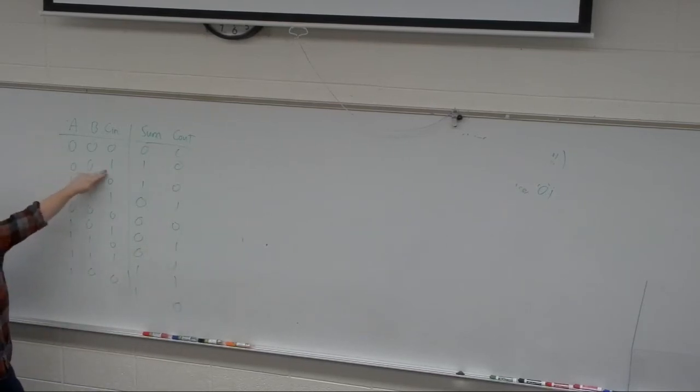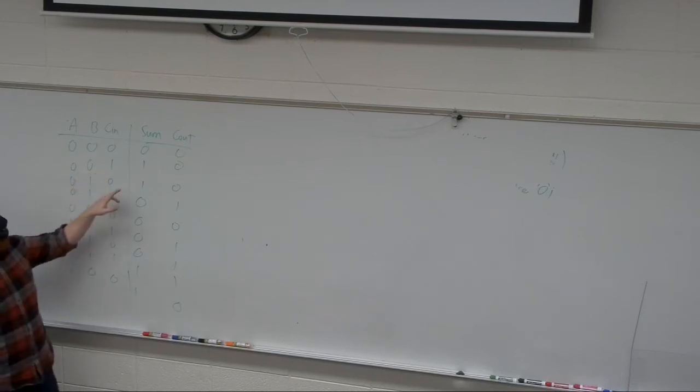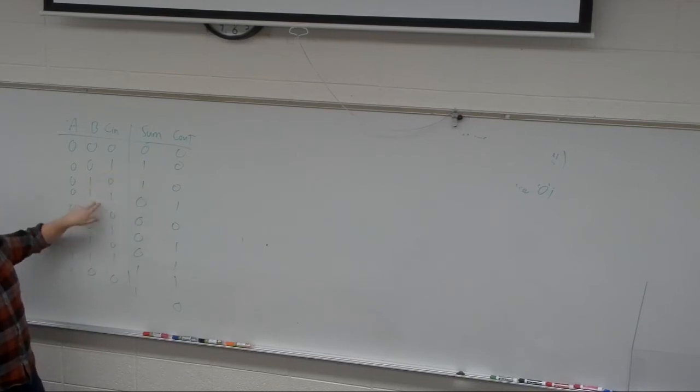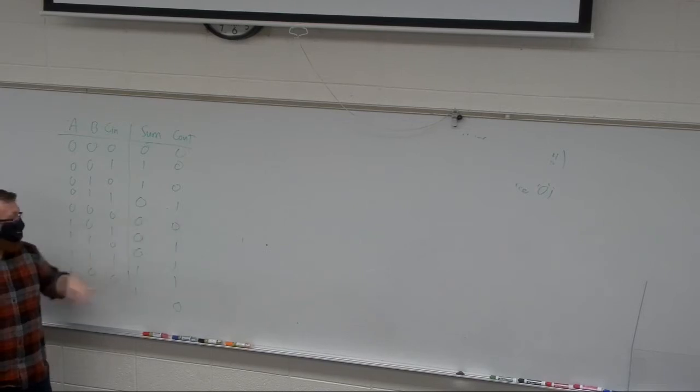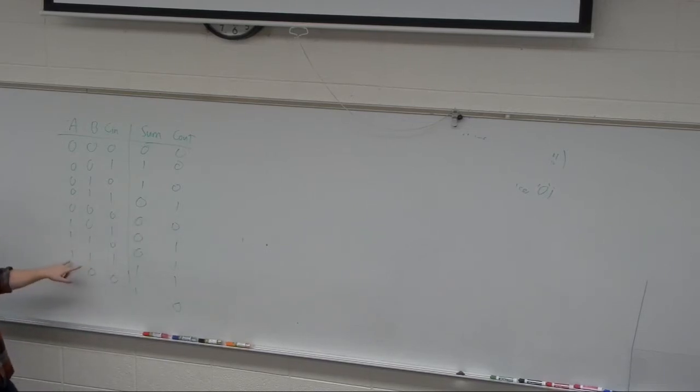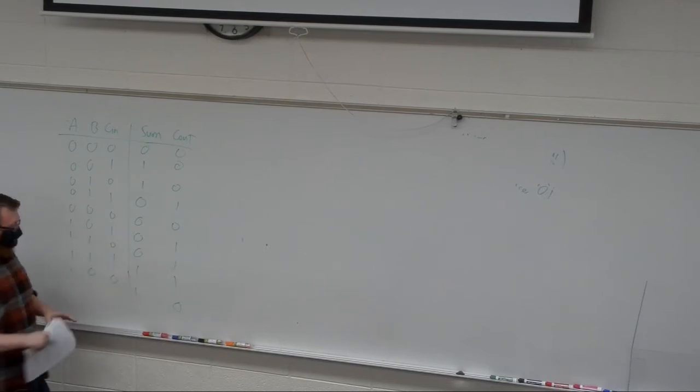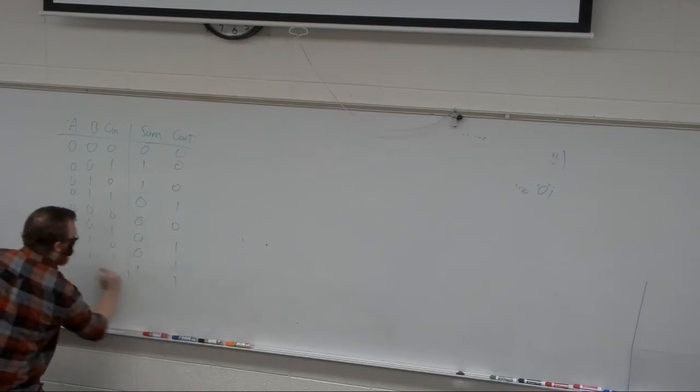If I have a 1 or 3 ones, I get a sum. 2 ones, I get no sum, but a carry, right? Because 1 plus 1 is 1, 0. Okay, and then 3, I get 1 plus 1 plus 1 is 1 and a carry.